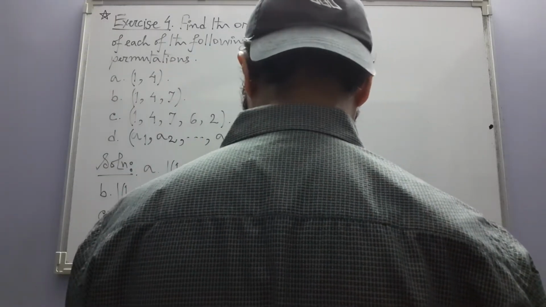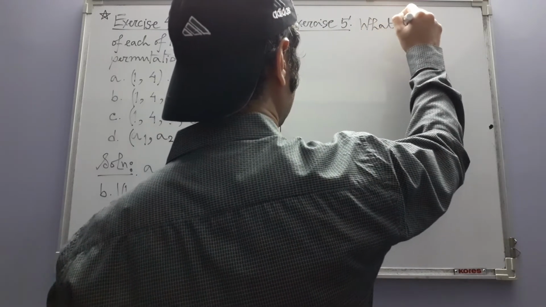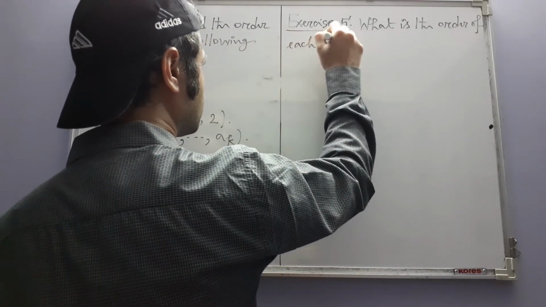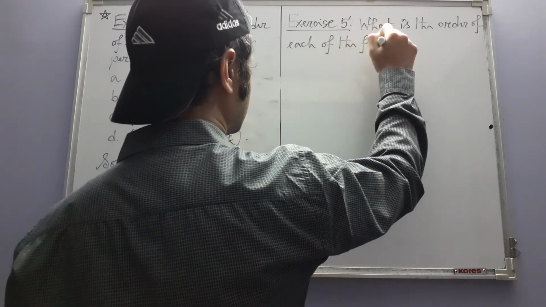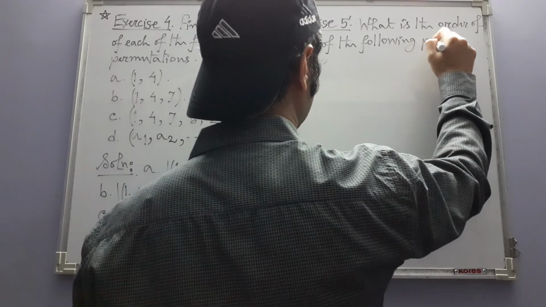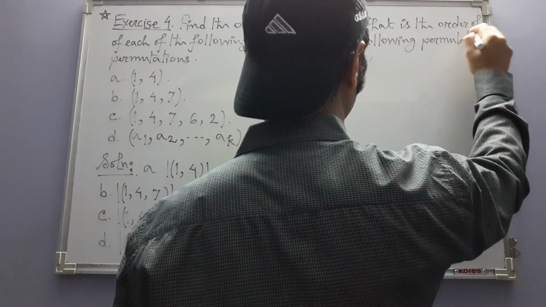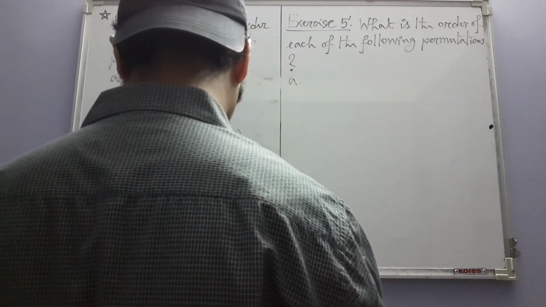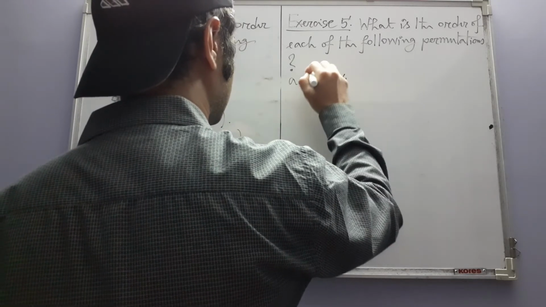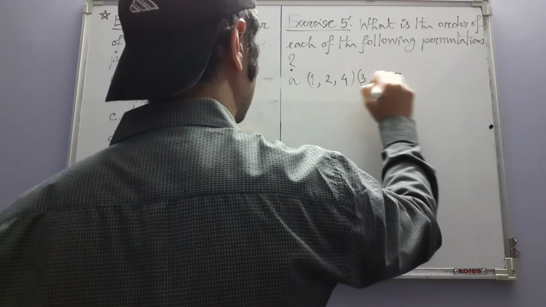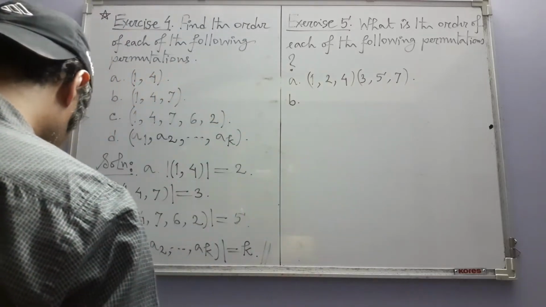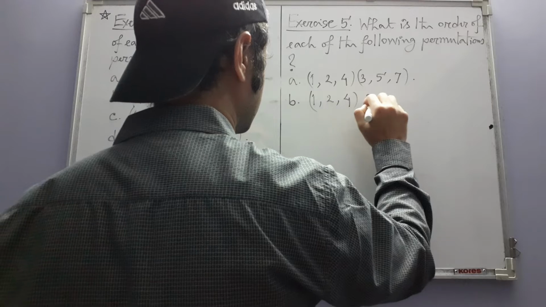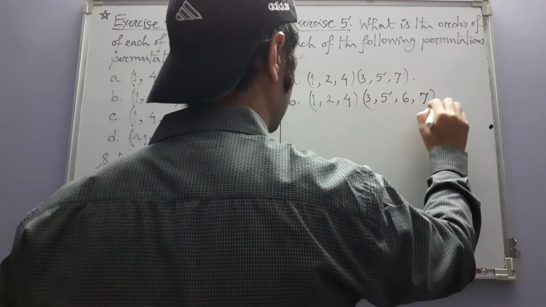What is the order of each of the following permutations? A: (1 2 4)(3 5 7). B: (1 2 4)(3 5 6 7).